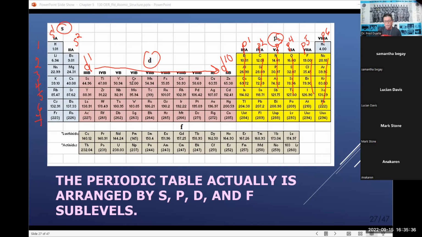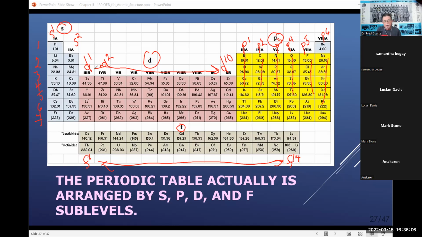So D1, D2, D3, okay, etc. But for 130 we are going to keep it sequential. Now, when we get down here, the F's, it's like F1 down to F14. It's 14 columns, all right? And that's why we say, think of those elements down here, the lanthanides and the actinides, as the F elements.